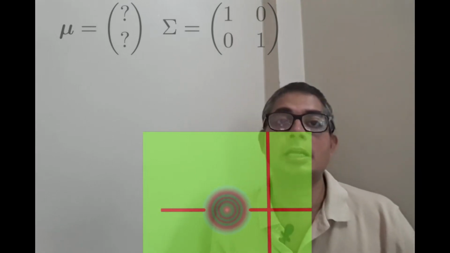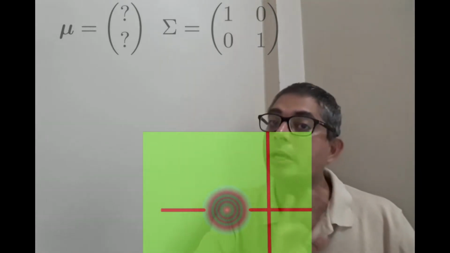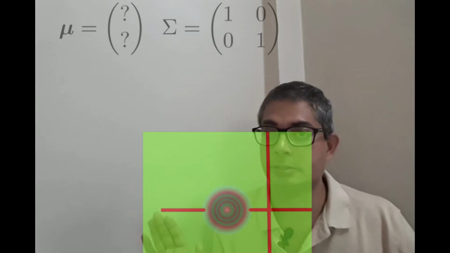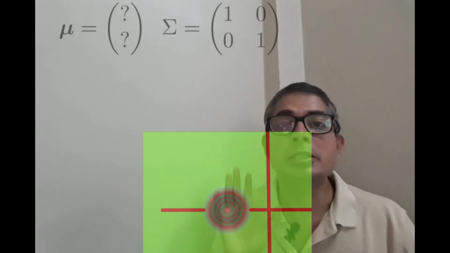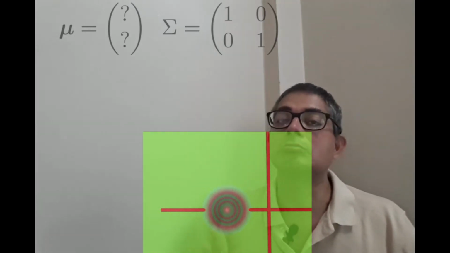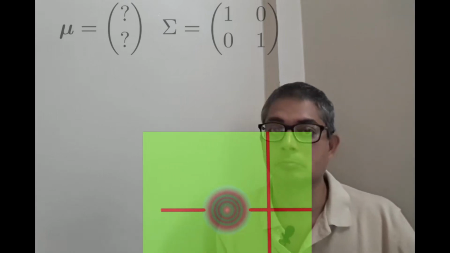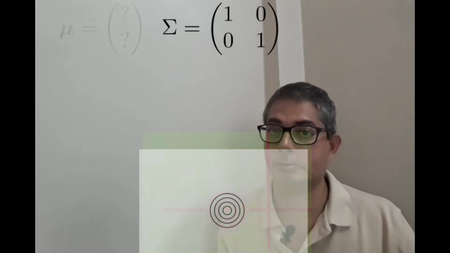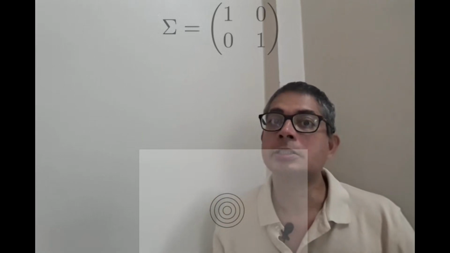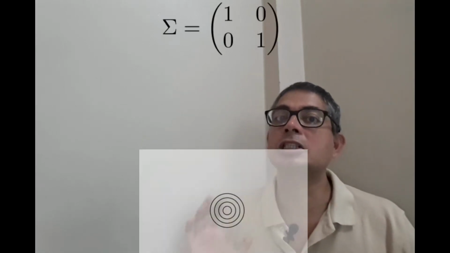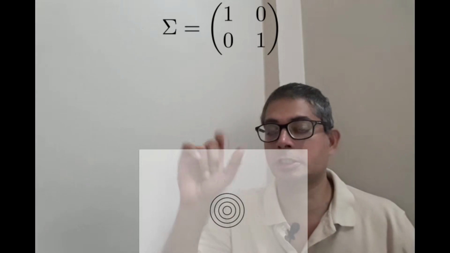They are like the result of slicing the surface horizontally at different heights. For a moment, think of the contours as 2D, drawn on the xy plane. The sigma matrix controls the shape of the contours.